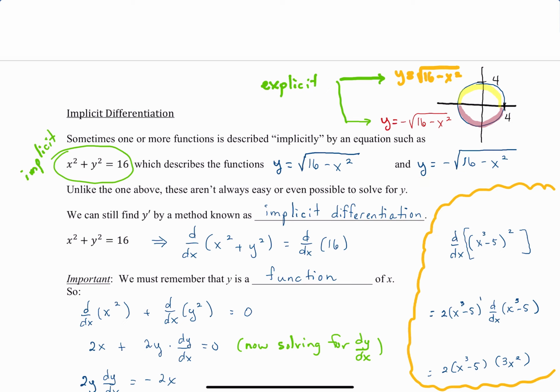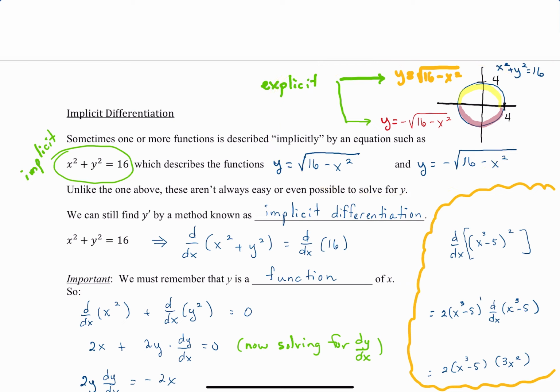It might help to visualize what's going on here. The graph of x squared plus y squared equals 16 is a circle of radius 4 centered at the origin.